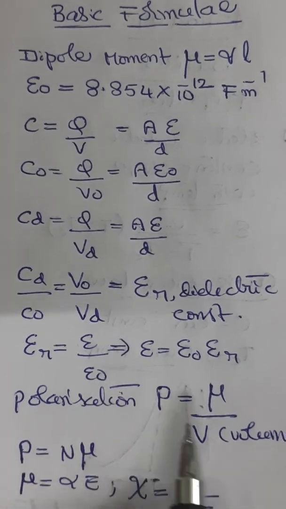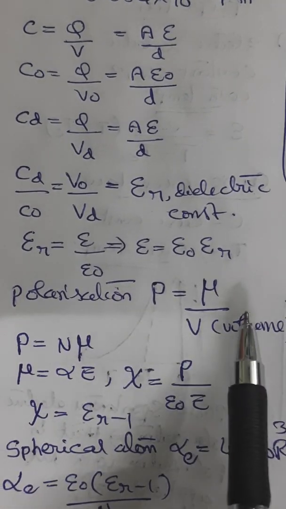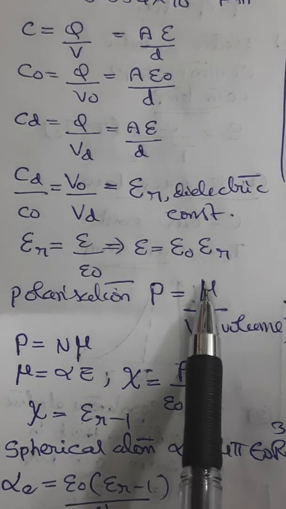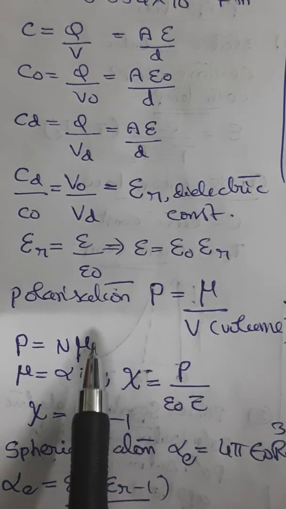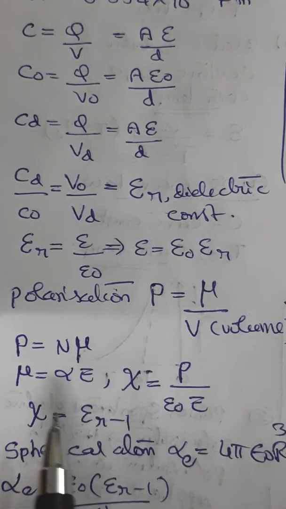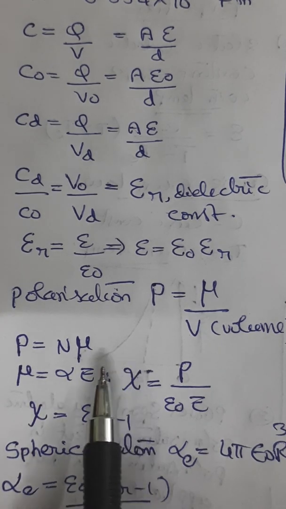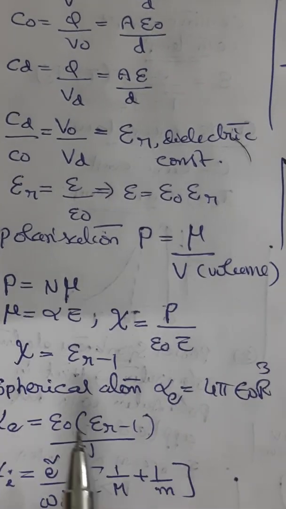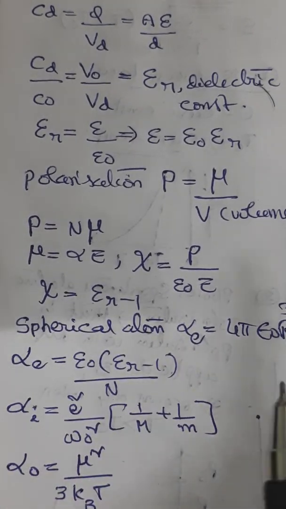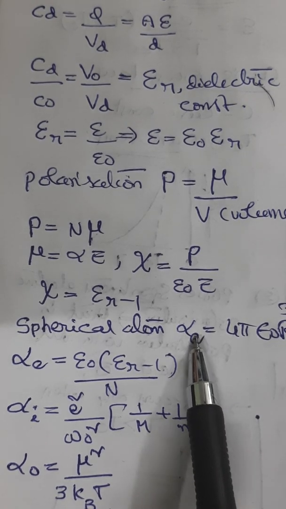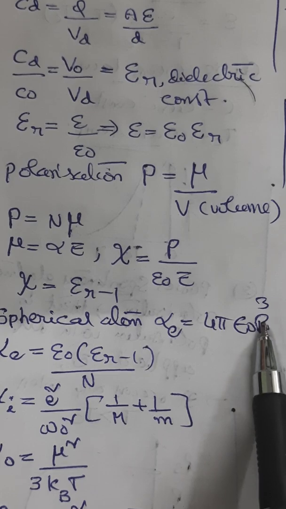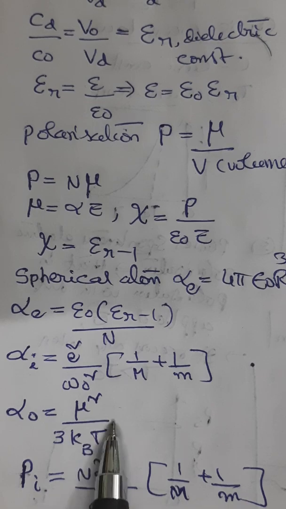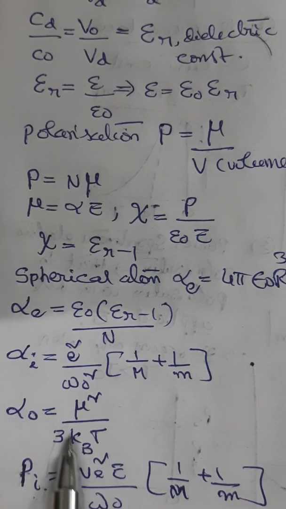And then the formula related to polarization as a ratio between the volume of the dielectric specimen you have taken and the dipole moment, and an alternative formula for this, and various types of polarizations and the susceptibility equation. In the case of a spherical atom, there is electronic polarization, that formula, and then ionic polarization, followed by orientation polarization, where you have temperature dependence.